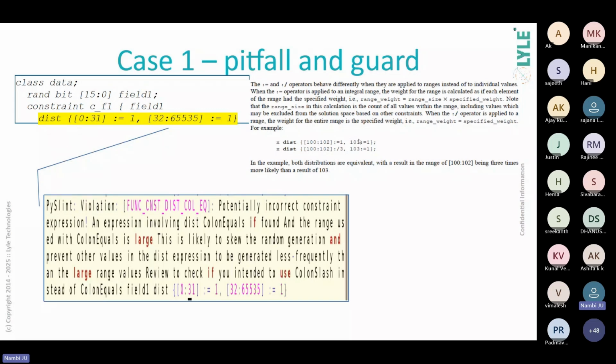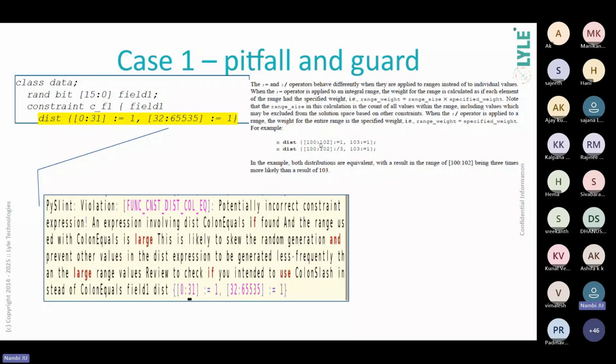But in the second case, the operator is applied to a range. So the weight is for the entire range and not for the individual elements of this array. In the previous one, you're giving a weight of 100 to 1 to 100, 101 and 102.